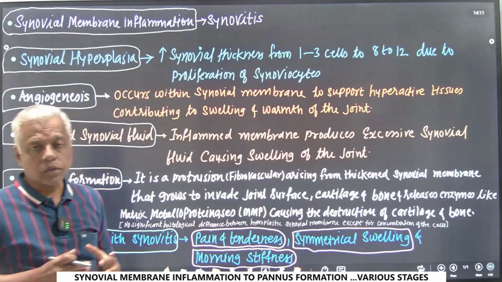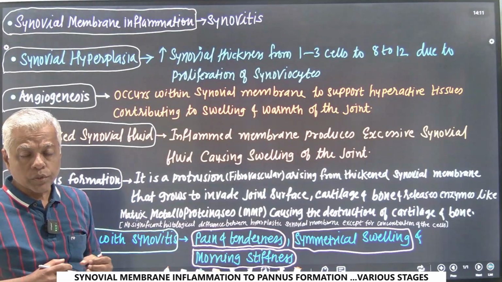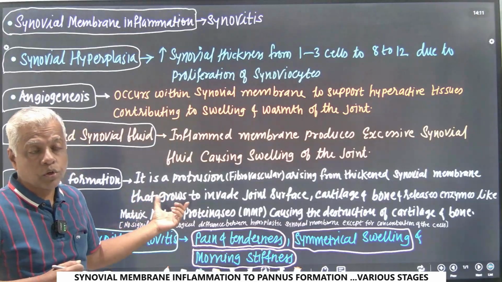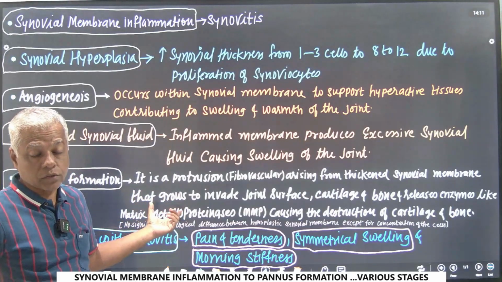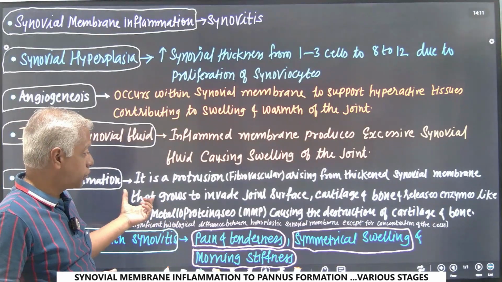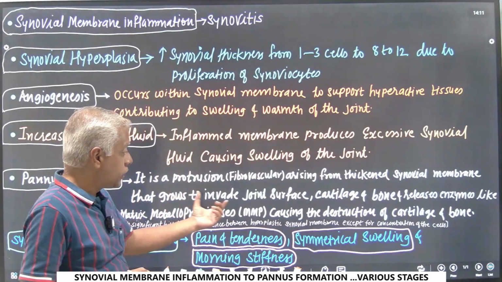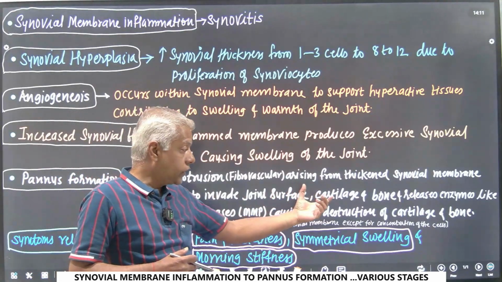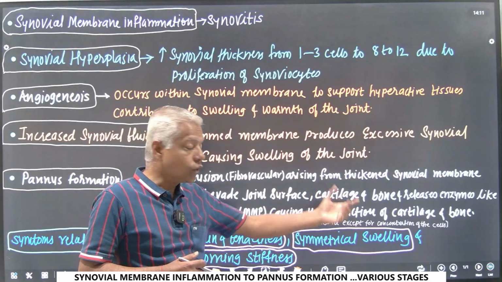This thickened, tumor-like mass, a benign tumor-like protrusion, grows to invade the joint surface. It is entering the joint surface and invading cartilage and bones.